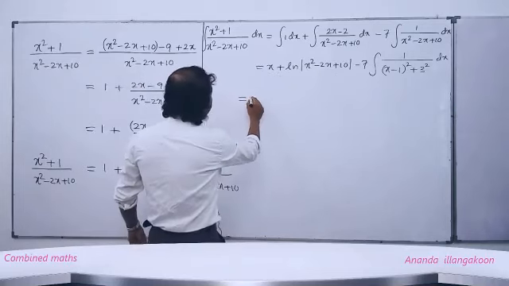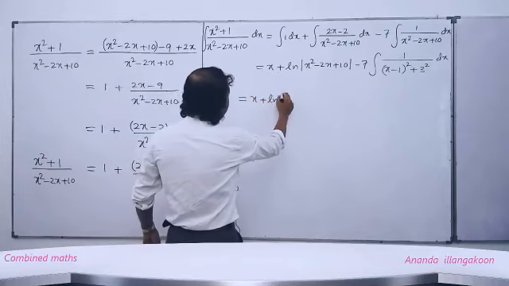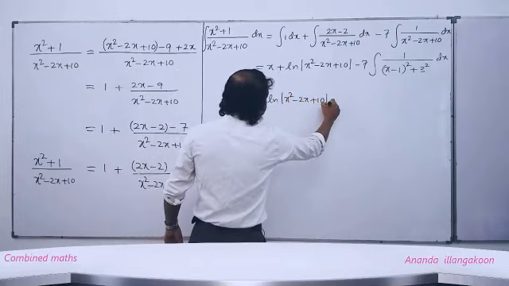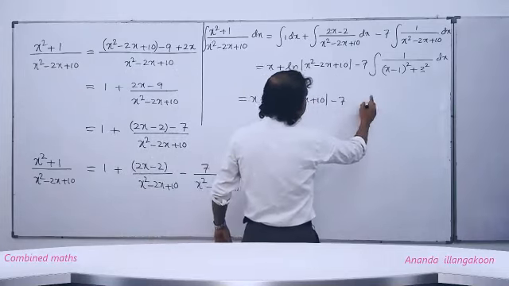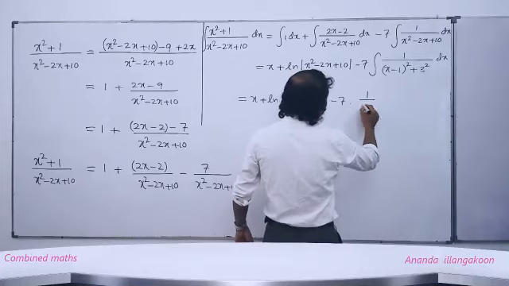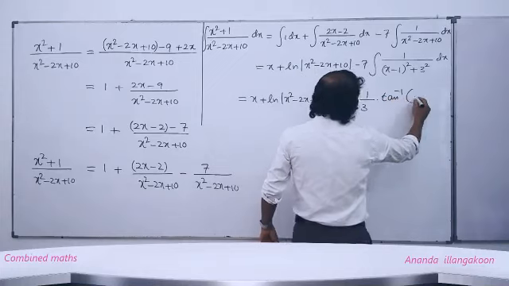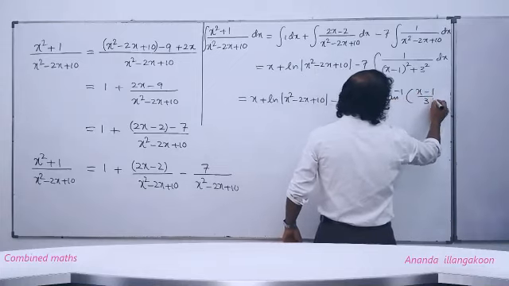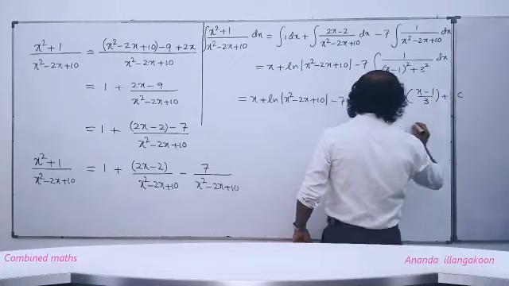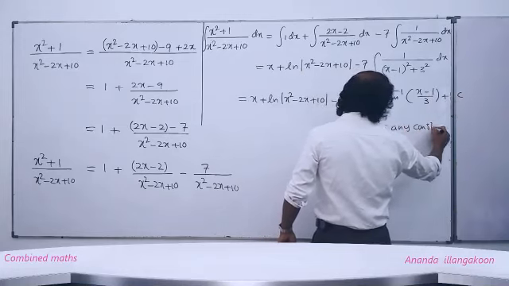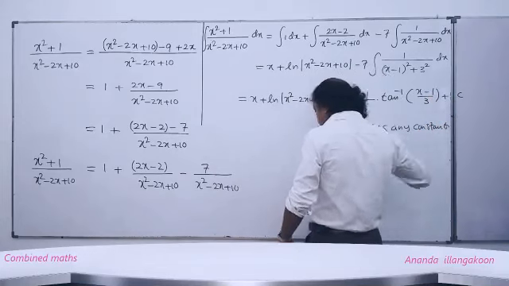Then we get here plus ln, this is, people, 1 upon 3 tan inverse of x minus 1 divided by 3, plus c. c is any constant.